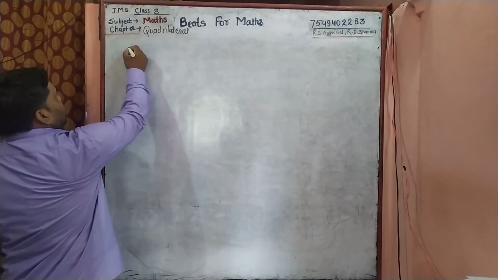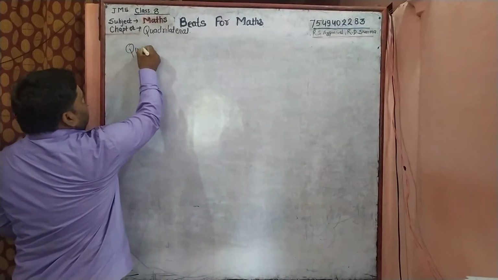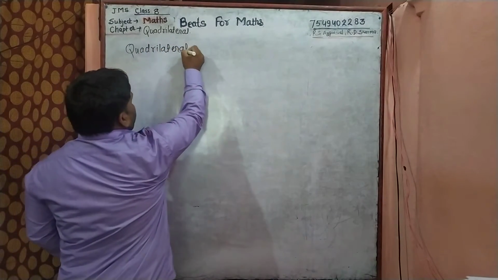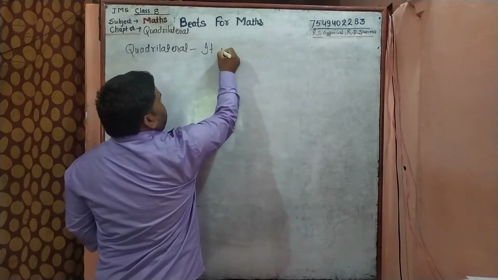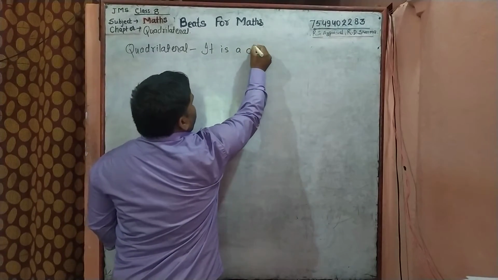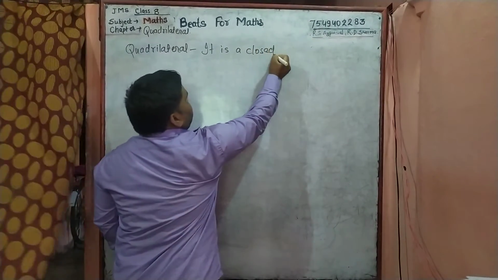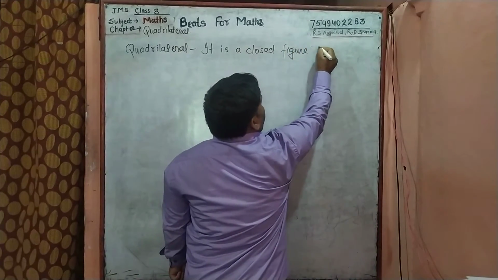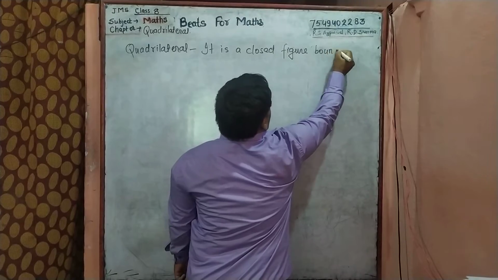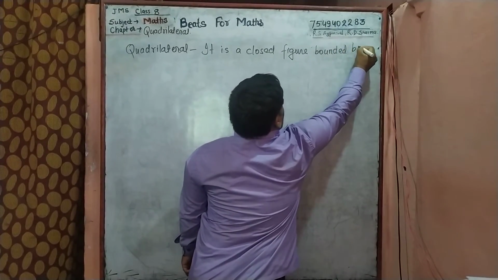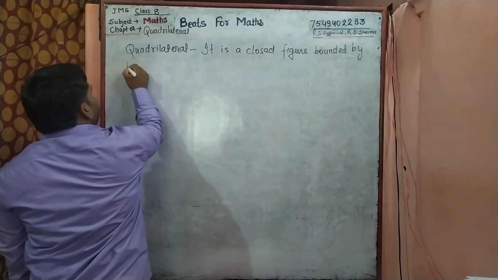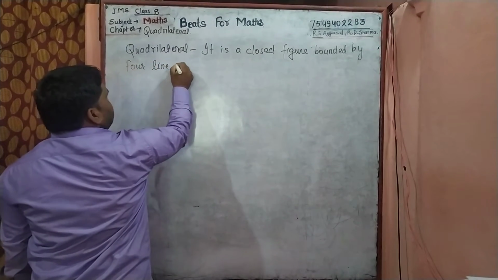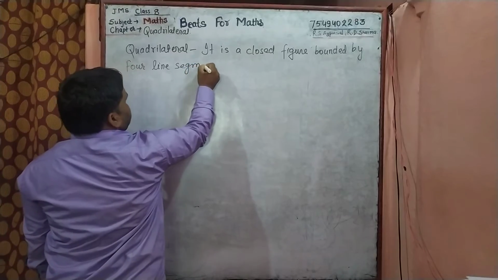Quadrilateral. It is a closed figure bounded by four line segments.